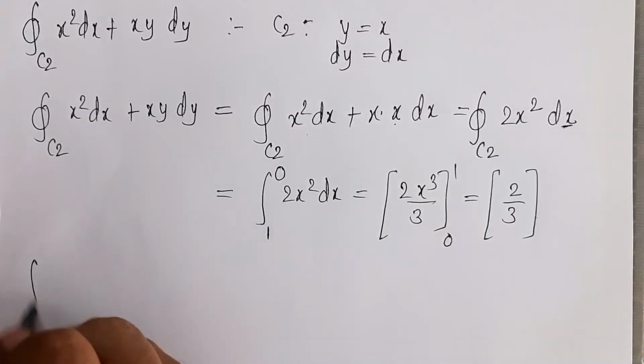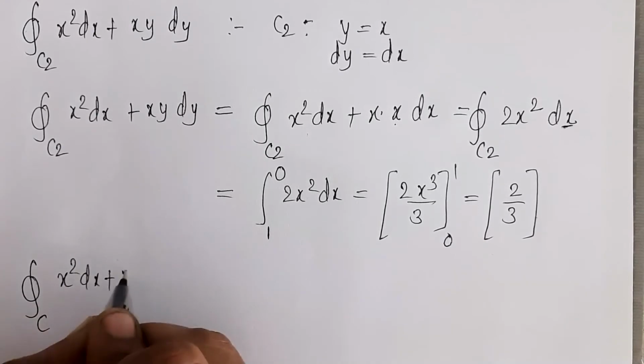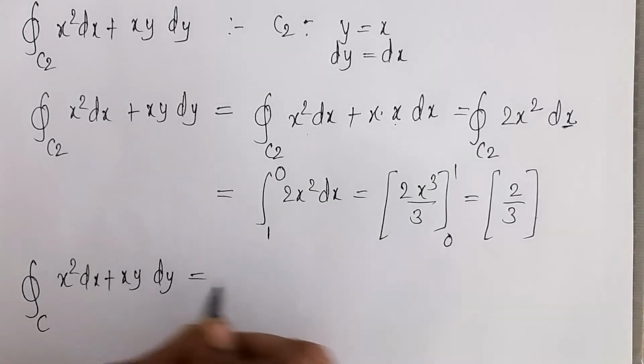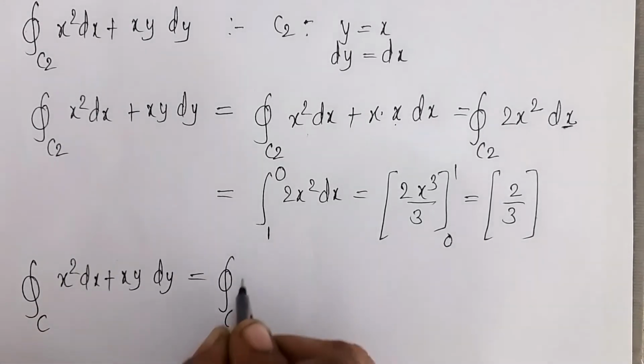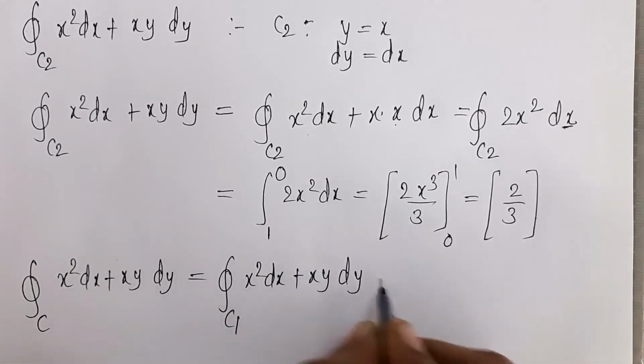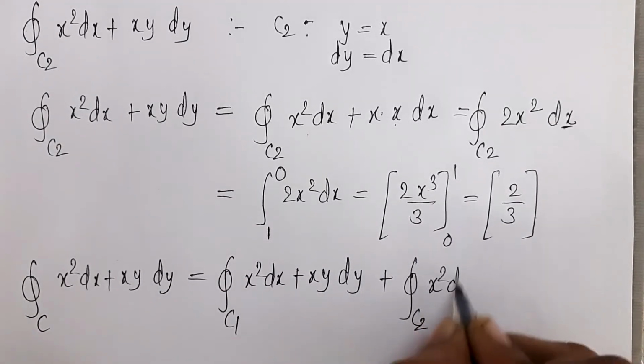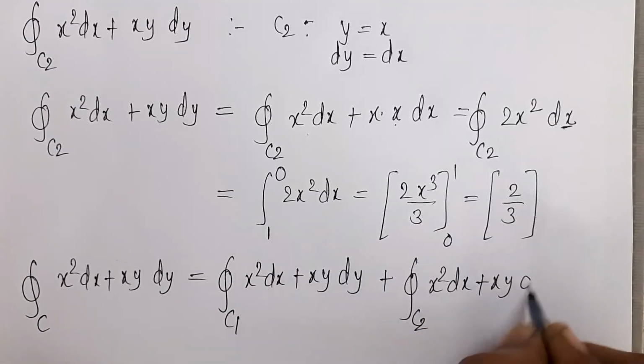So integral over C of x square dx plus xy dy is equal to integral over C1 of x square dx plus xy dy, plus integral over C2 of x square dx plus xy dy.